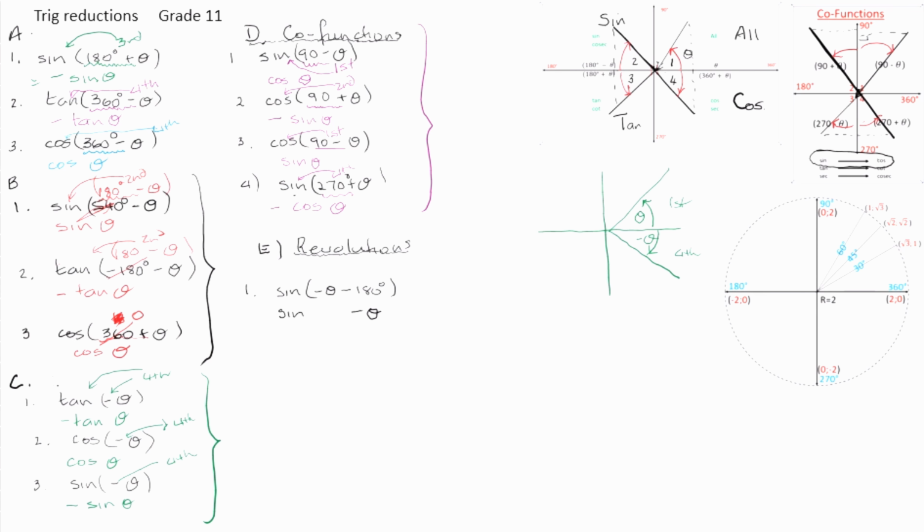And then take the minus 180 and add a revolution of 360, and you will get 180 minus theta, and then you are back in your CAST diagram. So that is sine in the second quadrant is positive.